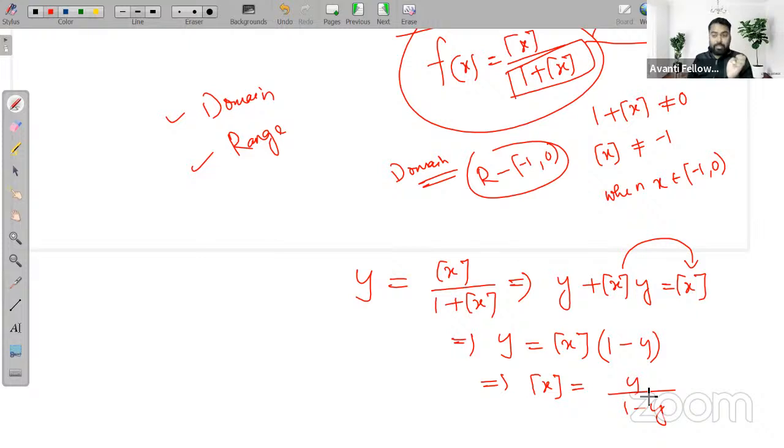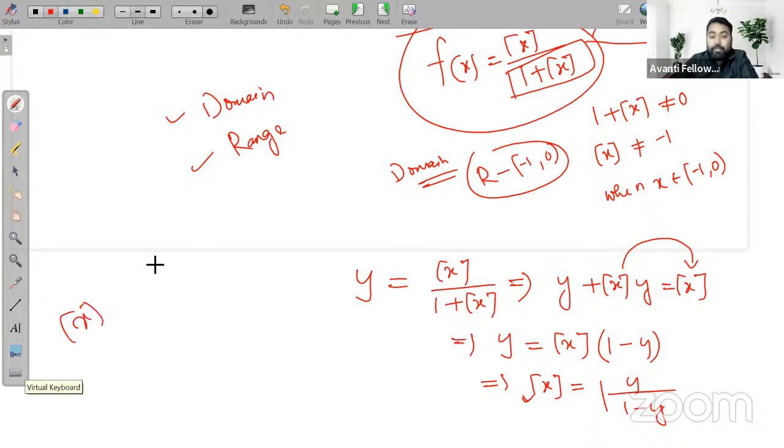To find the range, we need to find the values of y, because the range is the set of all outputs. So when y is equal to 1, greatest integer of x is equal to y upon 1 minus y will not be defined.